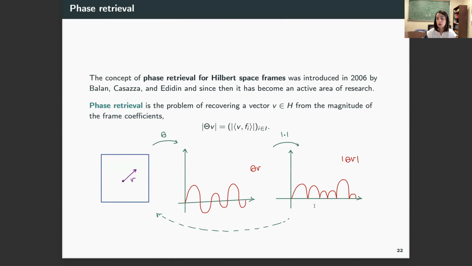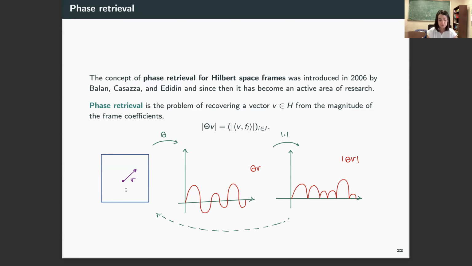So I don't even know if it's positive or negative in different parts. And the question is, what would be this recovery map so that I go from only the magnitudes of theta V to be able to recover V?